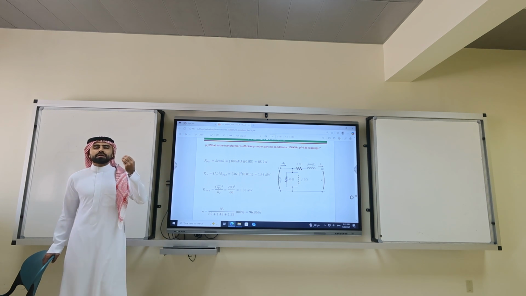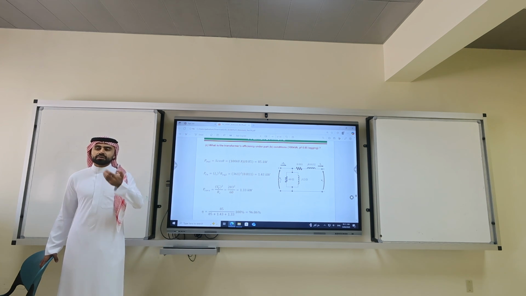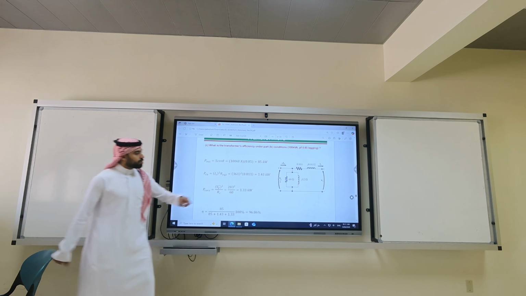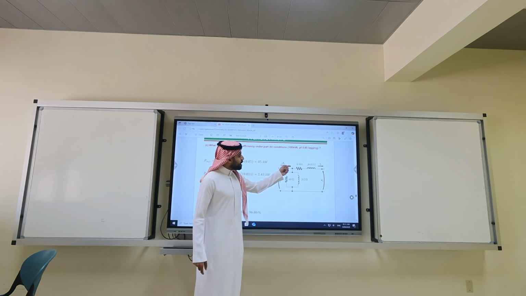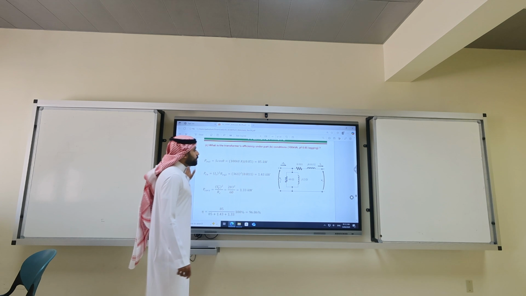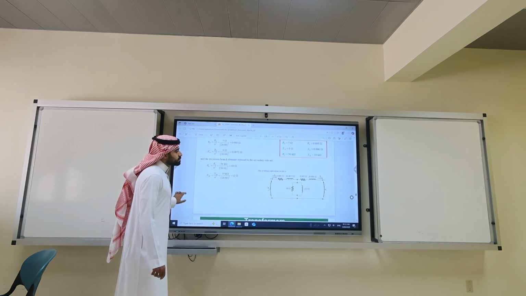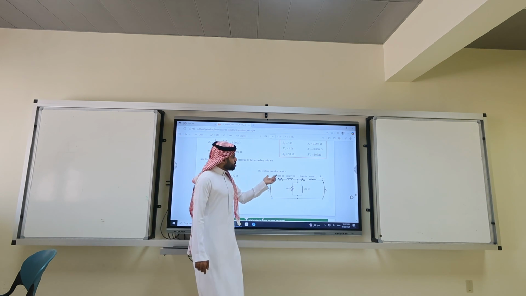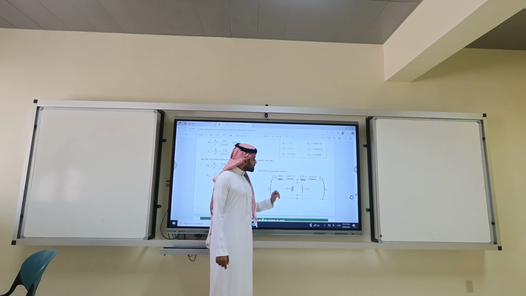How many resistive elements in circuit 1? 3. Okay. In circuit 2, 2. One resistive element, another resistive element. If you use circuit 1, you have 1, 2, 3. Circuit 2 combines these two together.